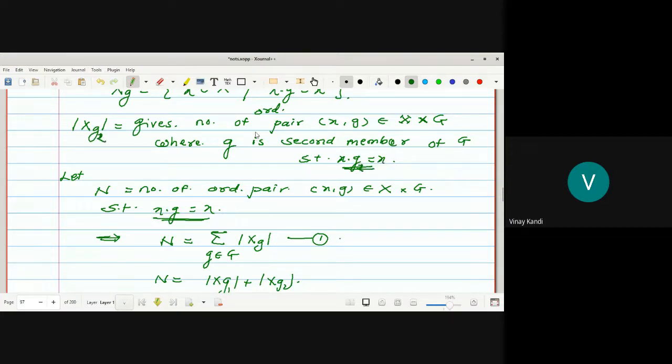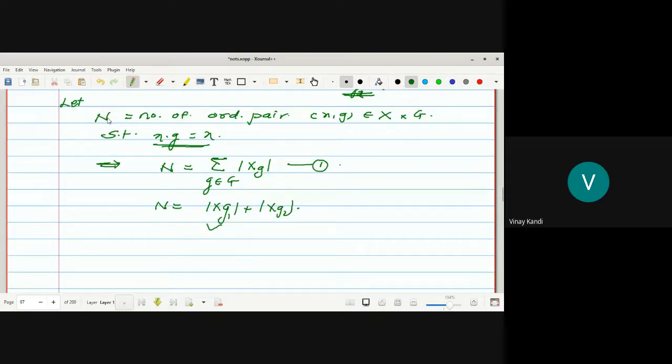Then what is my total number? N. N is what? The total number of pairs such that x·g is equal to x. Okay, that means N is nothing but the summation over g belonging to capital G of the order of xg. Is it correct? Yes, sir.